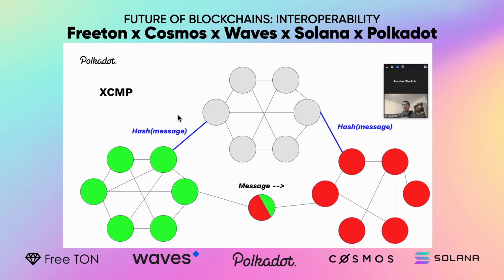So the green parachain will just put a hash of the message and let the relay chain know that it did send a message to the red parachain. And the red parachain will know that it should expect this message and actually can verify that it received it with the relay chain.